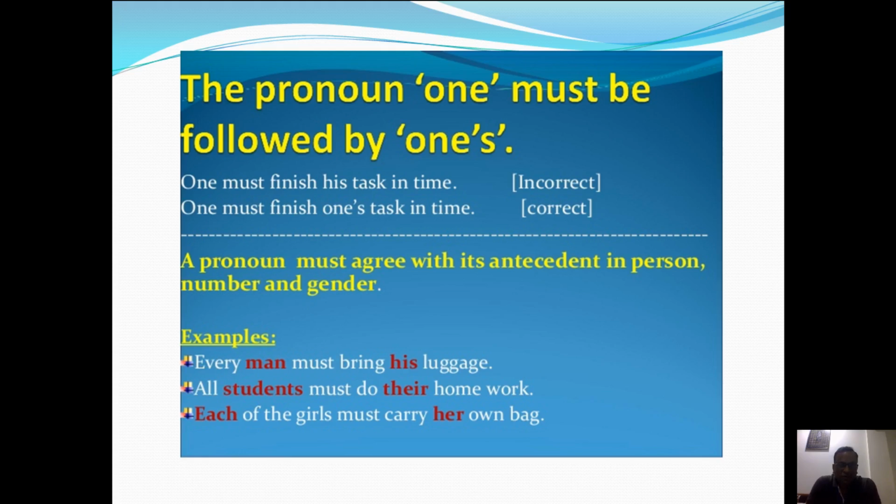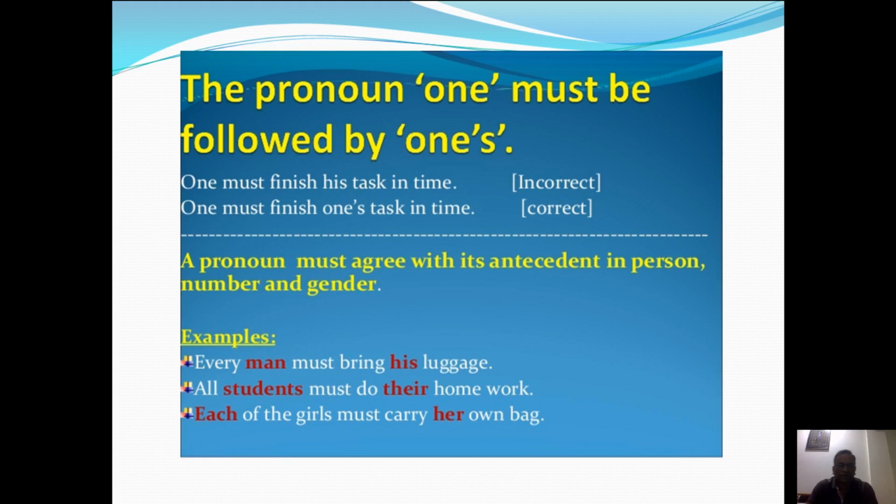The pronoun one must be followed by one's. Let's check the example, then you will understand. The first one: one must finish his task in time. Getting? This is the incorrect sentence. What would be the correct one? One must finish one's task in time.